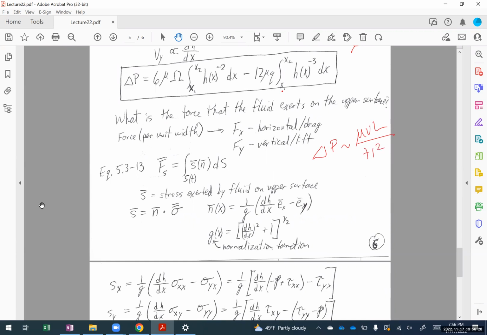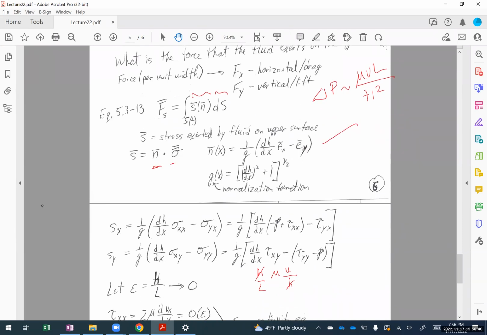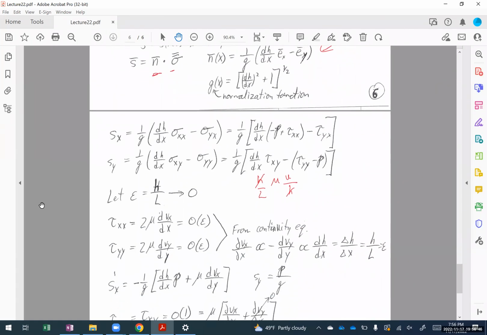Once you calculate the quantities, you can calculate the force. Force is nothing but stress acting on the surface multiplied by the area. So what is stress? Stress is nothing but n times sigma. This is some math. You can derive what the normal vector is going to be. Once you get the normal vector, take the dot product of n with sigma, and you get the following expressions.